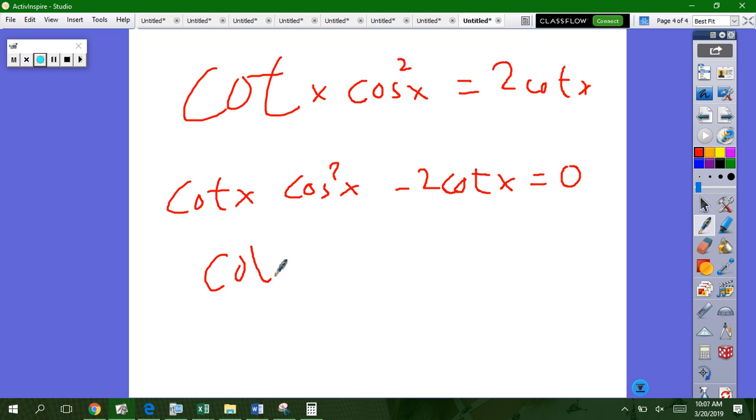Yeah. When I factor that out, I'm left with a cosine squared minus 2 equals 0, correct? Now I have two things multiplying together to equal 0. How do things equal 0? When each of those equals 0, right? This is very similar to solving a quadratic equation type of situation.